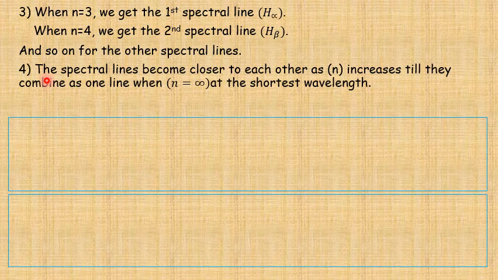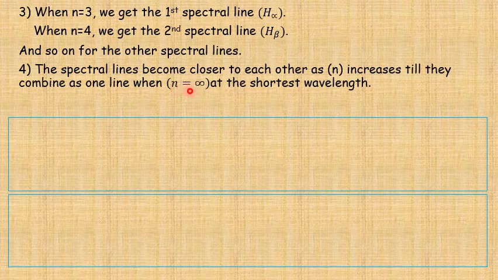In note number 4, the spectral lines become closer to each other as n increases, till they combine as one line when n equal infinity. That means if we increase the value of n step by step, the lines of Balmer series become closer to each other till infinity.